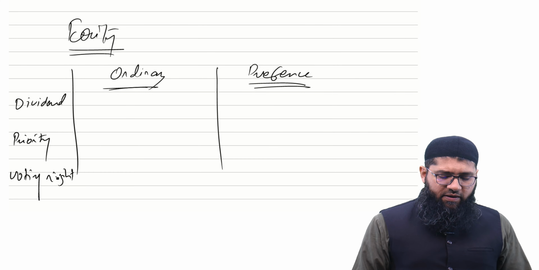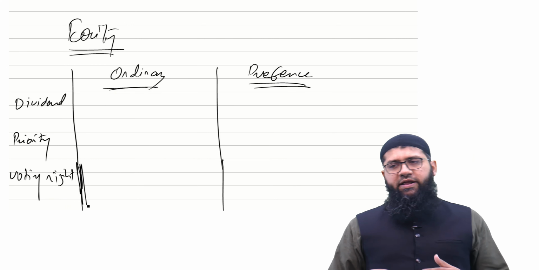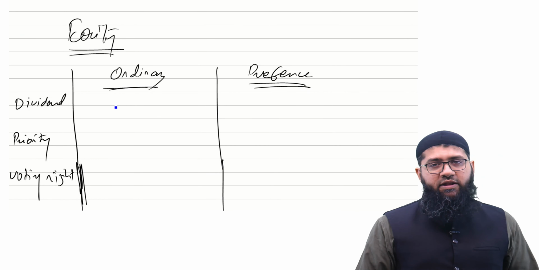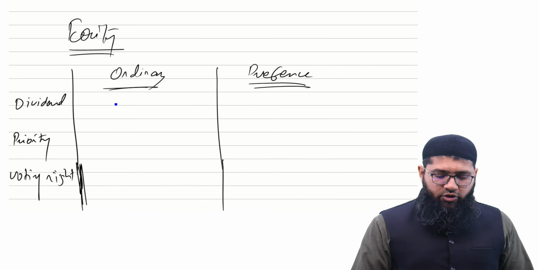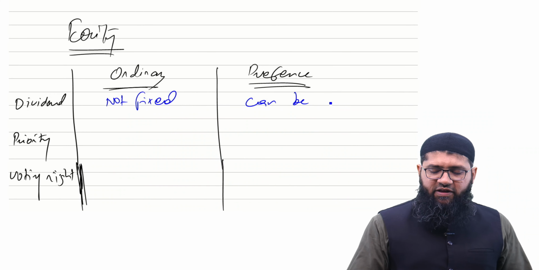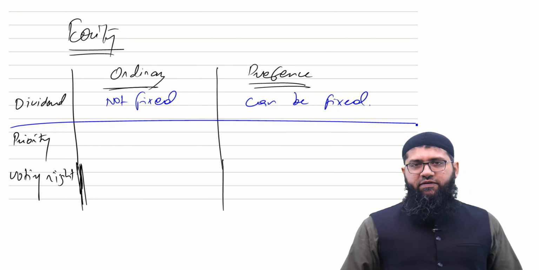There are multiple other things also, but I'm just talking about the major differences. With respect to the ordinary shares, the dividends are not fixed. With respect to the preference shares, they can be fixed. It's not necessary, but they can be fixed.